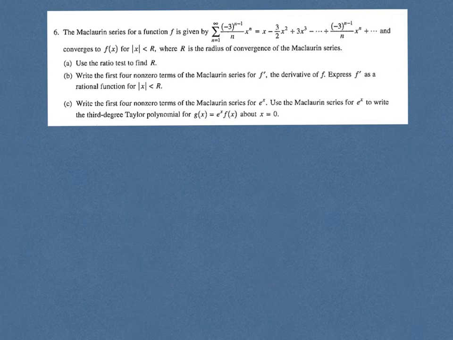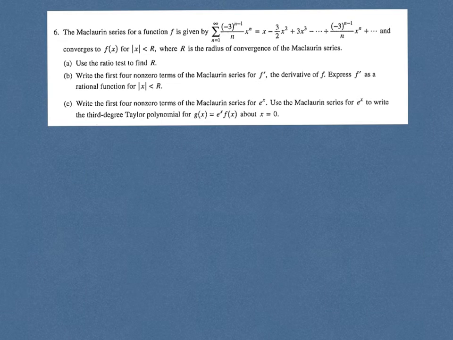Next, they want you to express f prime as a rational function. Once you find that derivative, take a look and see if you can find a pattern in the type of function you're working with. Hint: you might notice some sort of geometric series happening there.